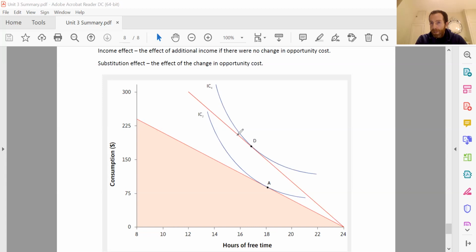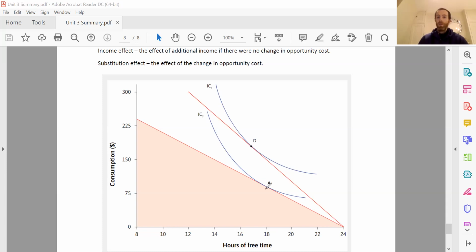And this is down to the wage, because if we think about before, if this person had 16 hours of free time, they could afford, I don't know, $130 of consumption. But now, if they choose 16 hours of free time, meaning they work the exact same amount, they can now afford a much higher level of consumption, which means, well, either the price of consumption has gone down, or their wage has gone up. So we're going to think about it as the wage having gone up.